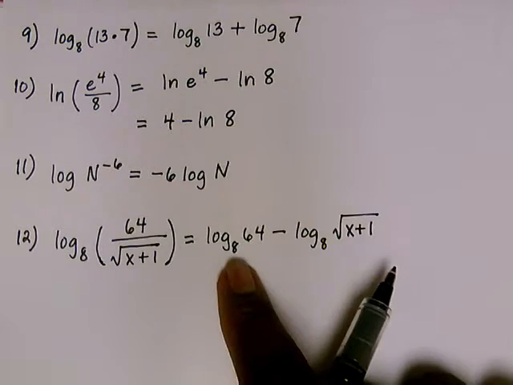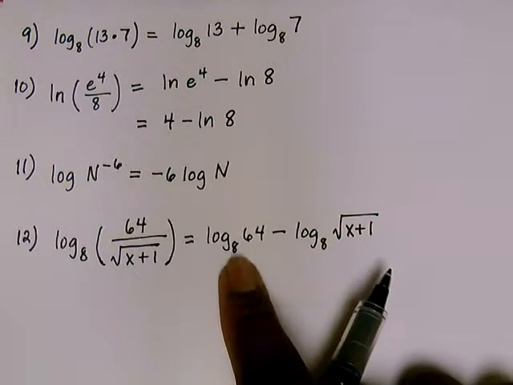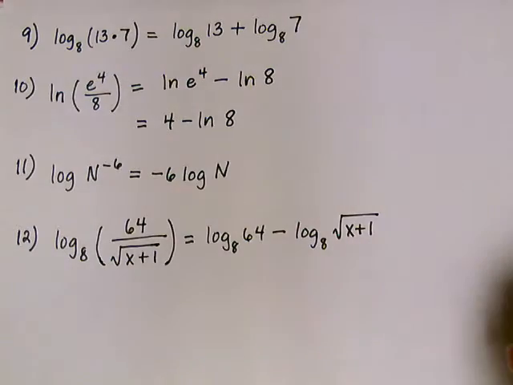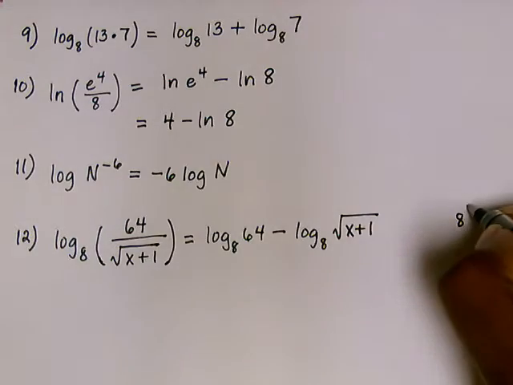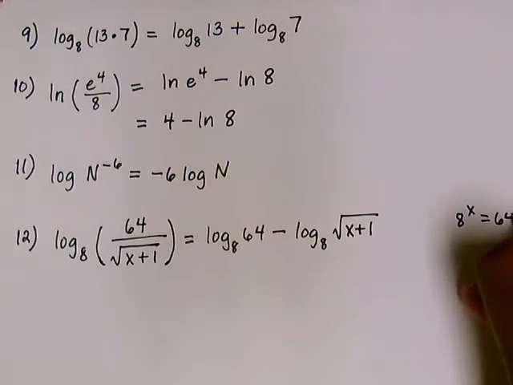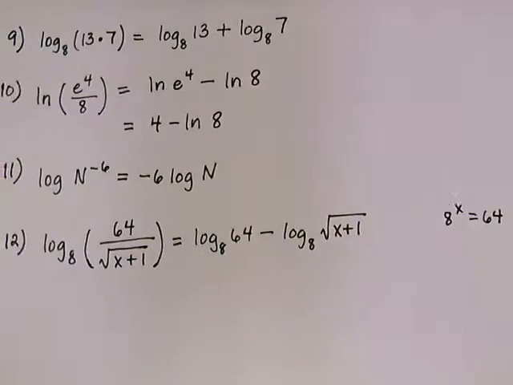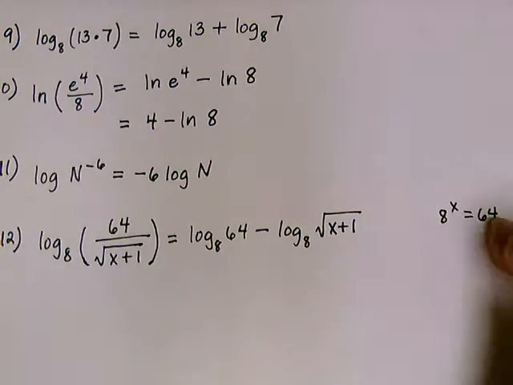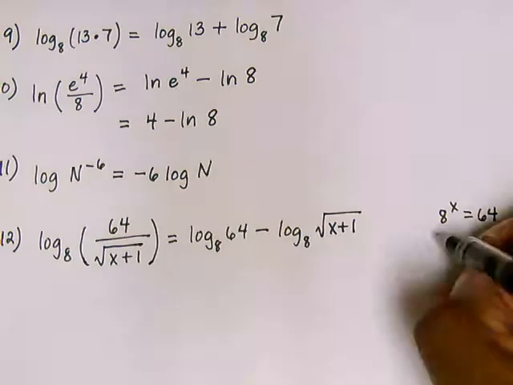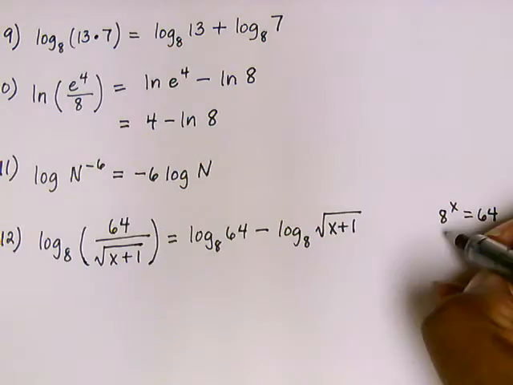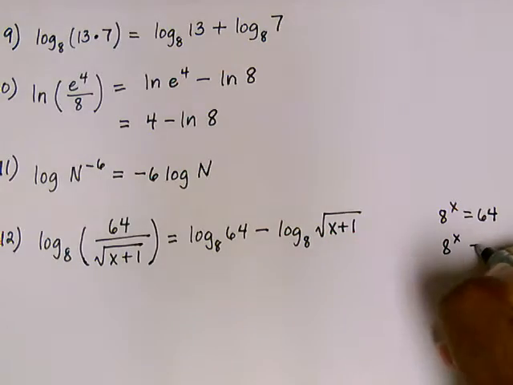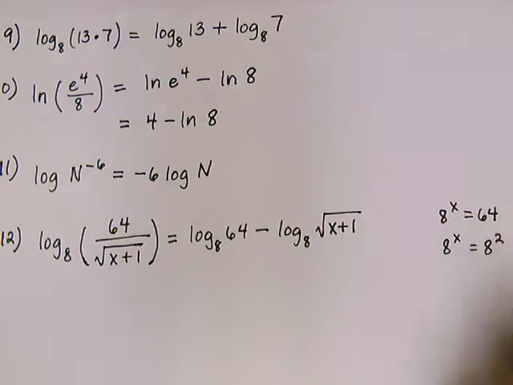Now let's evaluate log to the base 8 of 64. We have to think of 8 to what power would give us an answer of 64. Okay? So in this case here, I know 64 is a multiple of 8. And 64 can be broken up as 8 times 8. So 64 in exponential form will be 8 squared.